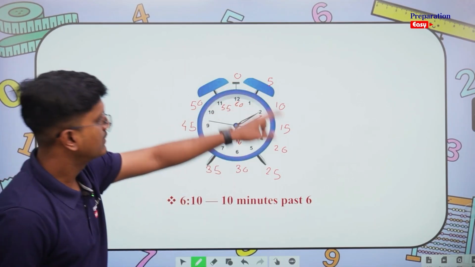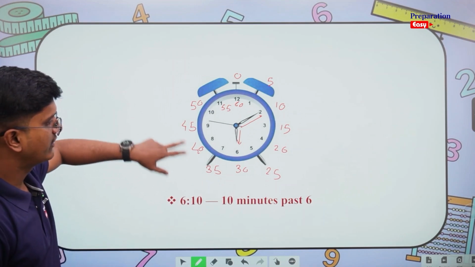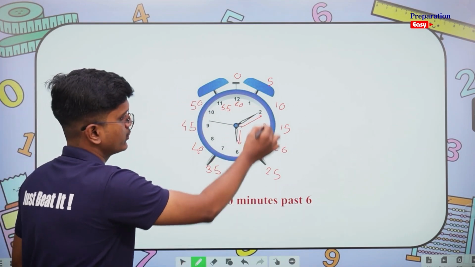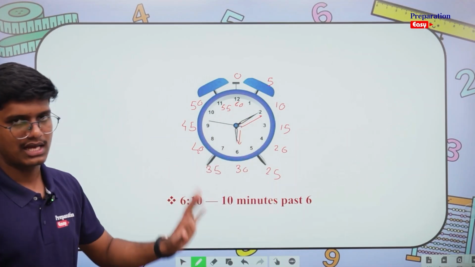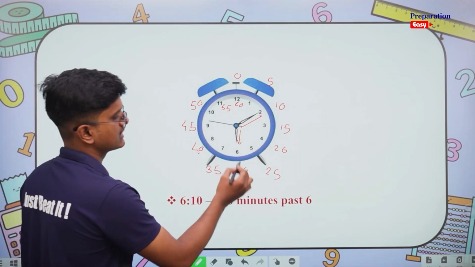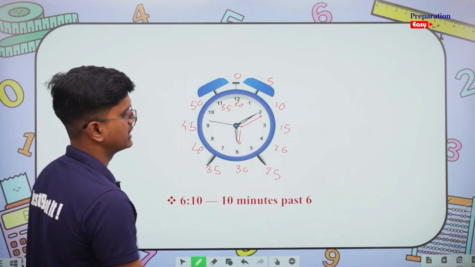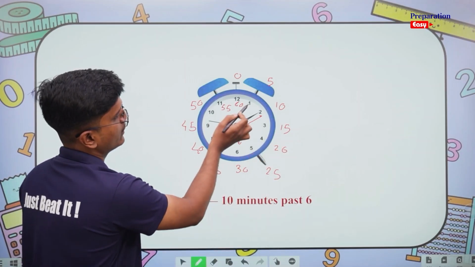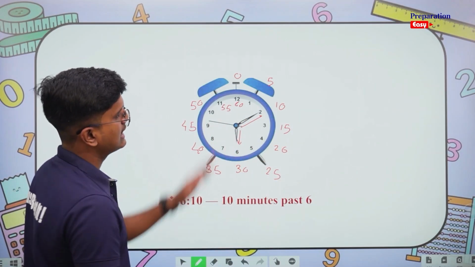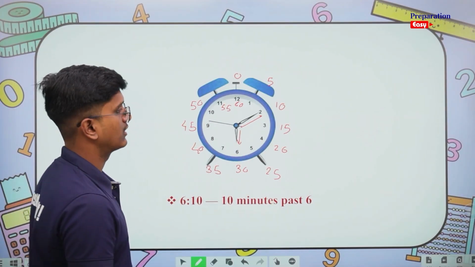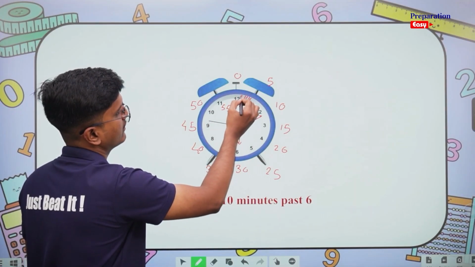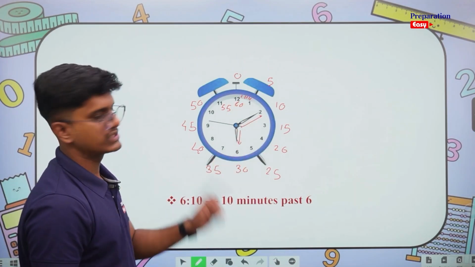So these are the minutes: 0, 5, 10, 15, 20, 25, 30. And 1, 2, 3, 4, 5, 6, these are the hours we have right now. 6 means 30 minutes, 5 means 25 minutes, 4 means 20 minutes, 3 means 15 minutes. Between 12 and 1 there is a gap of 5 minutes in the clock. So here we represent 1, 2, 3, 4 and 5. Each dash represents 1 minute.